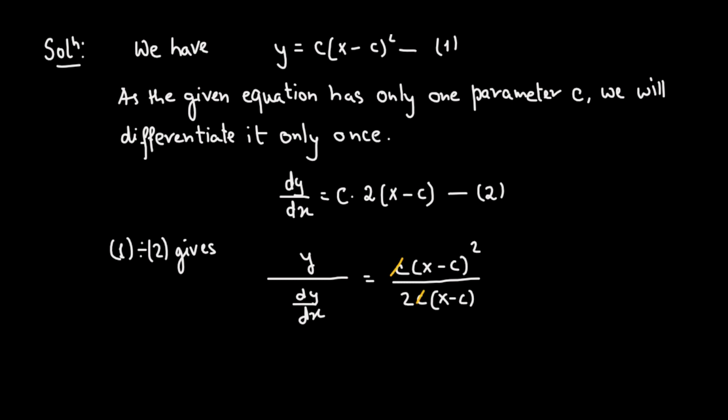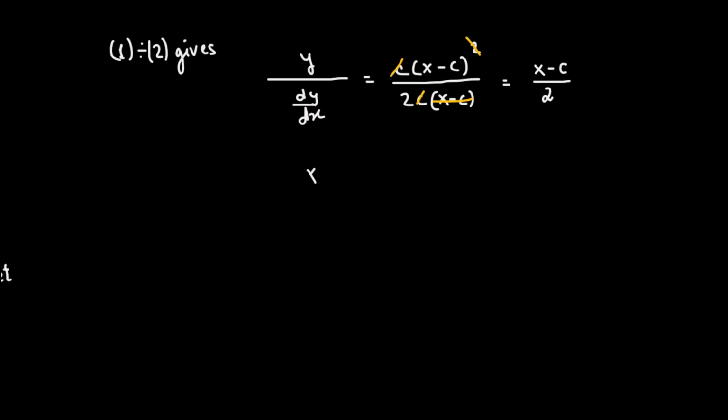We factor out the common terms from the right hand side, and that should give us (x minus c) divided by 2. Rearranging the terms, we get x minus c equals 2y times 1 over dy/dx, or c equals x minus 2y divided by dy/dx.